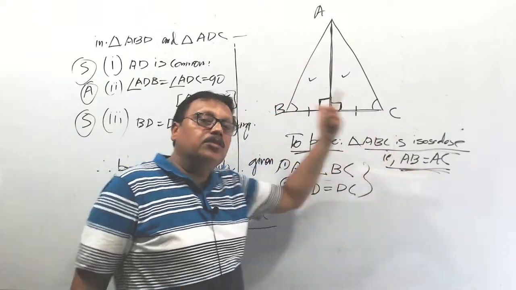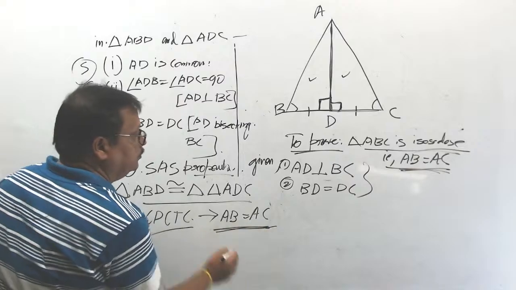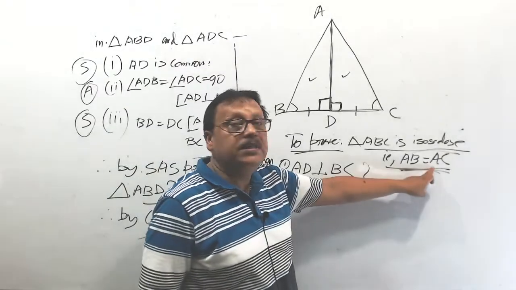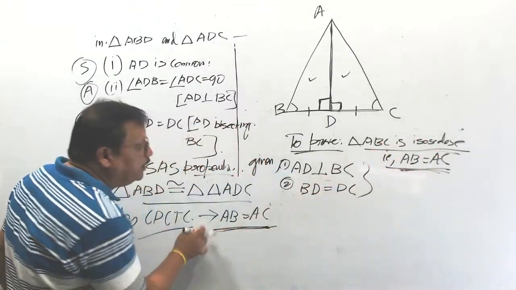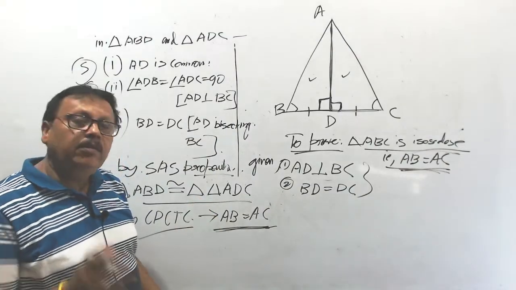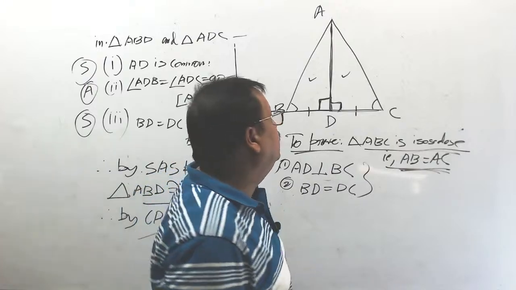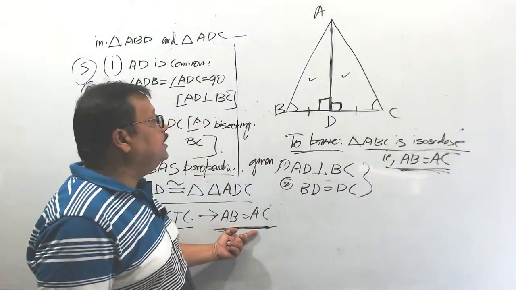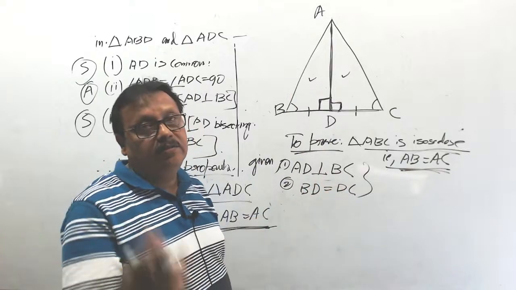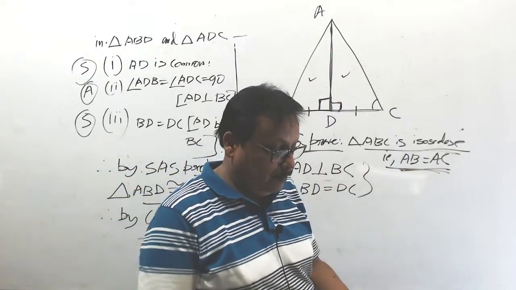AB is equal to AC means the triangle ABC is an isosceles triangle. I think clear?